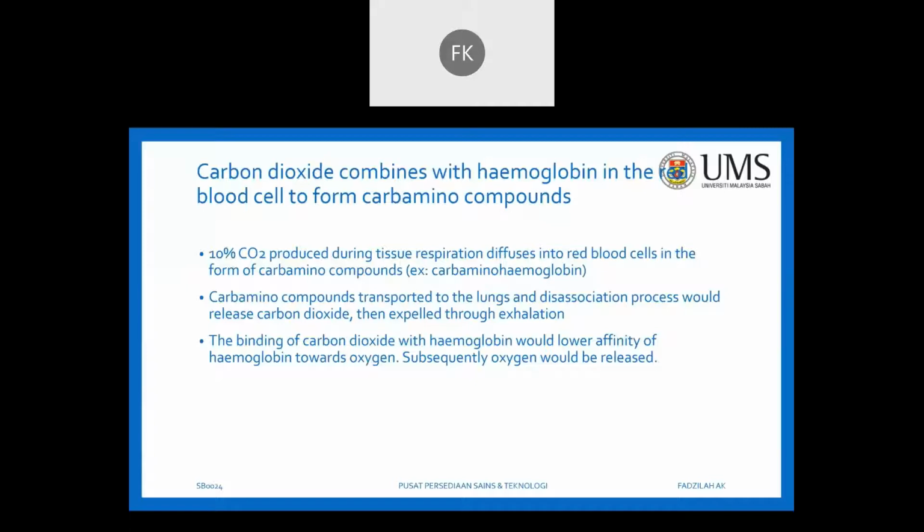Carbon dioxide is waste. You don't need this carbon dioxide. What you need, when there is more carbon dioxide, is oxygen. Your body needs more oxygen. So in the event of binding of carbon dioxide with hemoglobin, hemoglobin tends to release more oxygen.